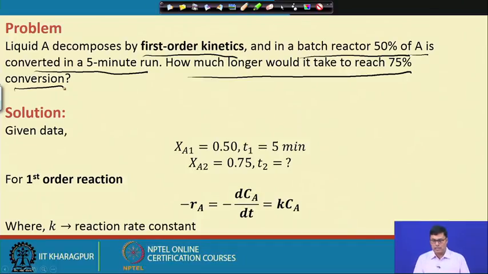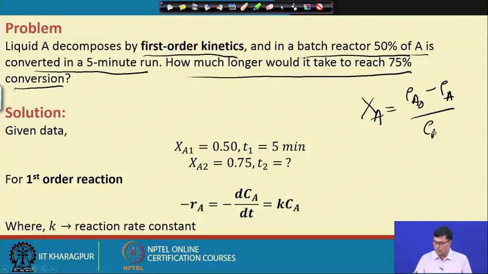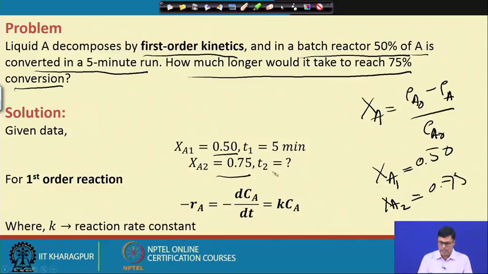So, we know the fraction converted, xA, equal to (CA0 minus CA) by CA0. If you say 50% conversion, then xA will be 0.50, and for 75% conversion, this is equal to 0.75.